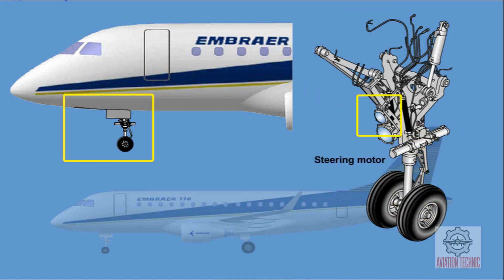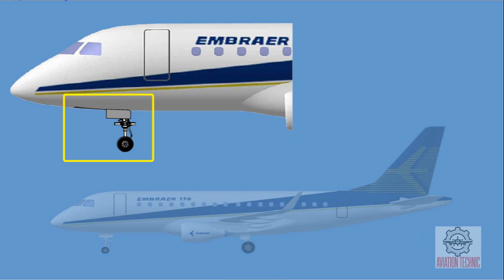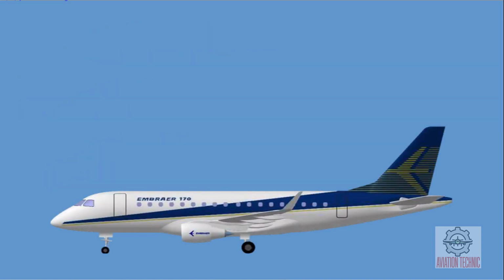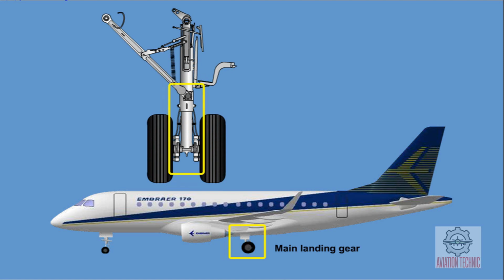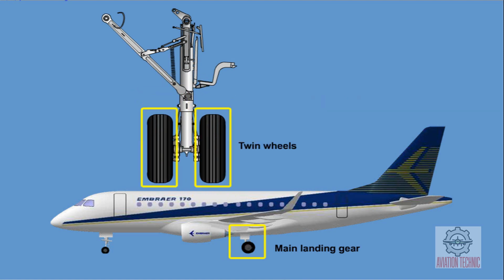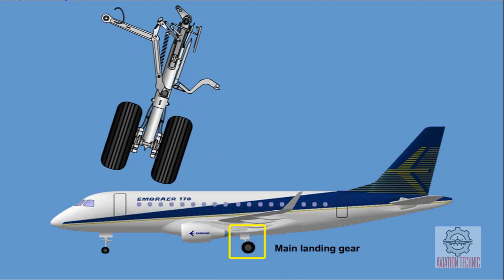The steering motor, taxi light, and 1 landing light are mounted on the nose landing gear. When the nose landing gear is extended, the rear doors remain open while the front doors reclose after extension or retraction. The main landing gears also have oleo-pneumatic shock absorbers and twin wheels and retract sideways.